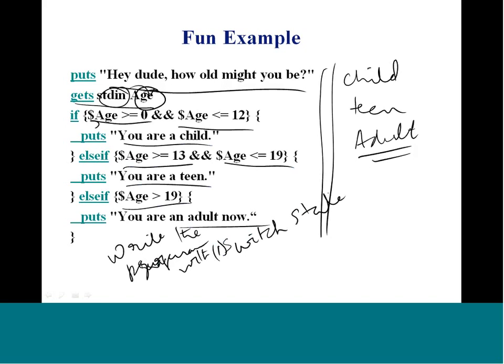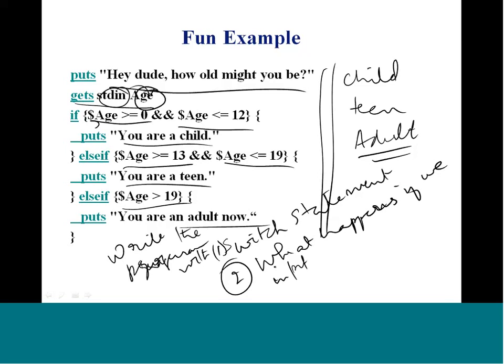Number one, switch statement, and number two, what happens if the input age is less than 0, and then how can you make it robust?